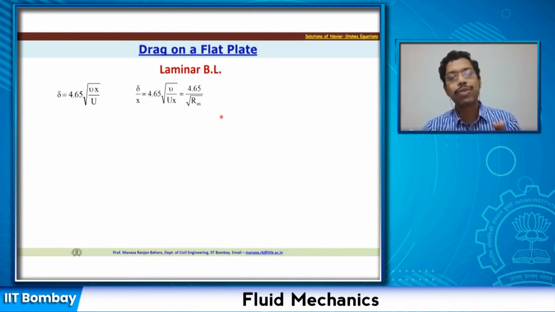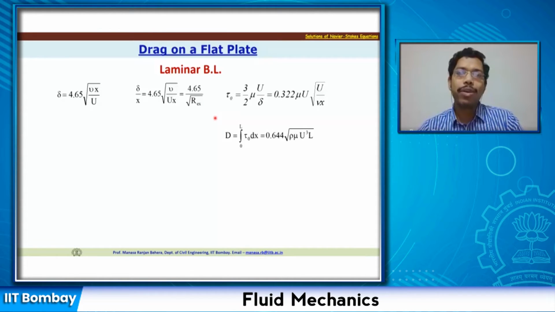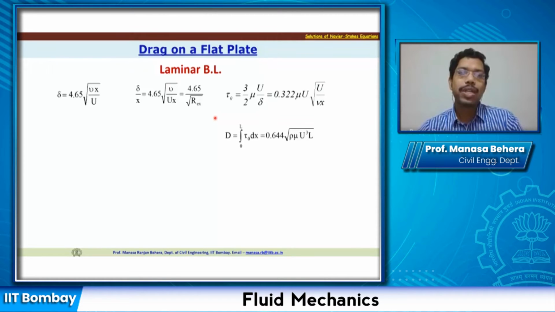And using this, if we evaluate the value of tau, that's the shear stress, we can get an expression that is going to be 0.322 mu u multiplied by square root of u by nu x. Okay, so this expression we could get based on the assumed velocity profile. Now, similarly, we can also find out the value of D, which is the drag force.